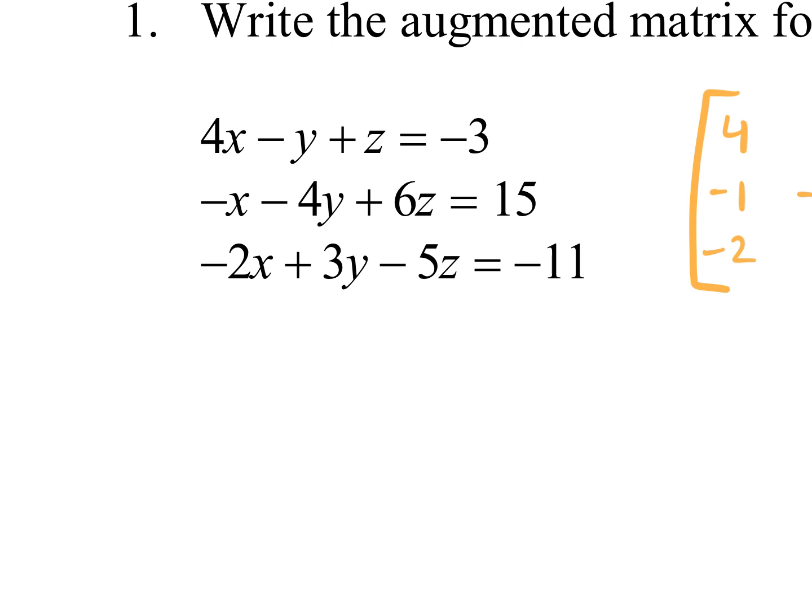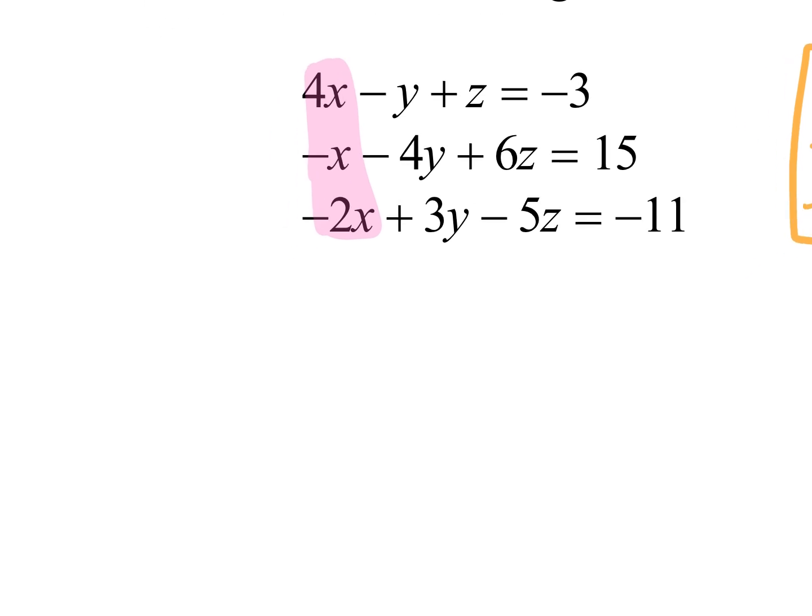Which variable do you want to eliminate? X's, y's, or z's? Sure, we can eliminate the x. So I'm going to name my equations. We've got 1, 2, and 3. Which 2 do you want to combine first?